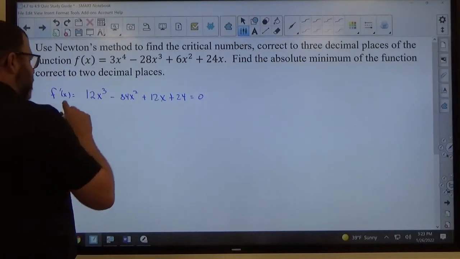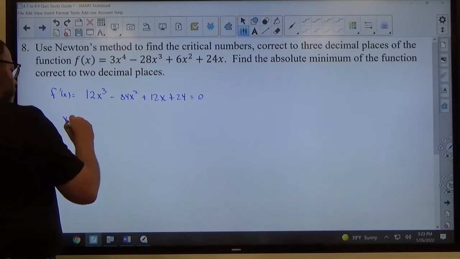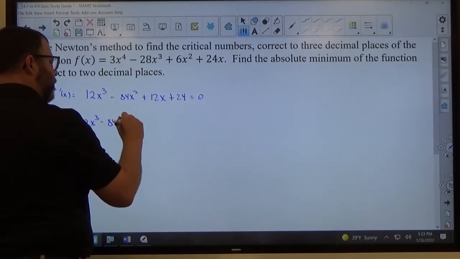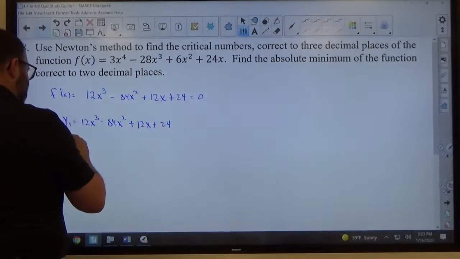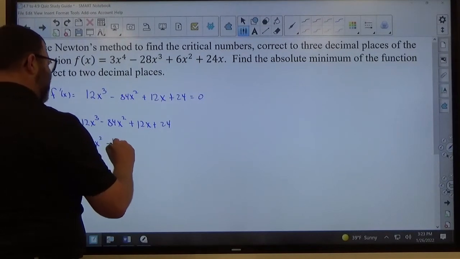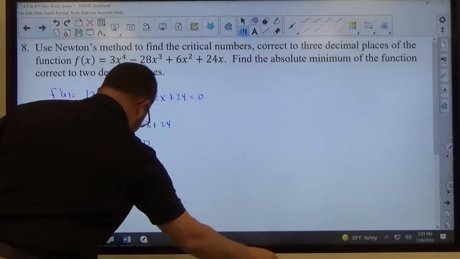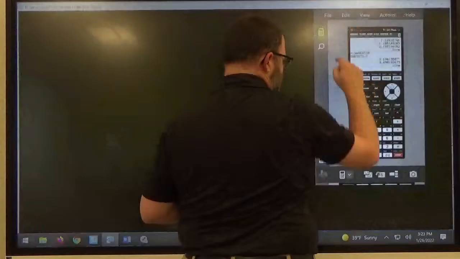And whatever equals 0 is going to be y1. So y1 is going to be 12x cubed minus 84x squared plus 12x plus 24. Y sub 2 will be its derivative, so 36x squared minus 168x plus 12. So I'm going to enter those 2 functions into my calculator.